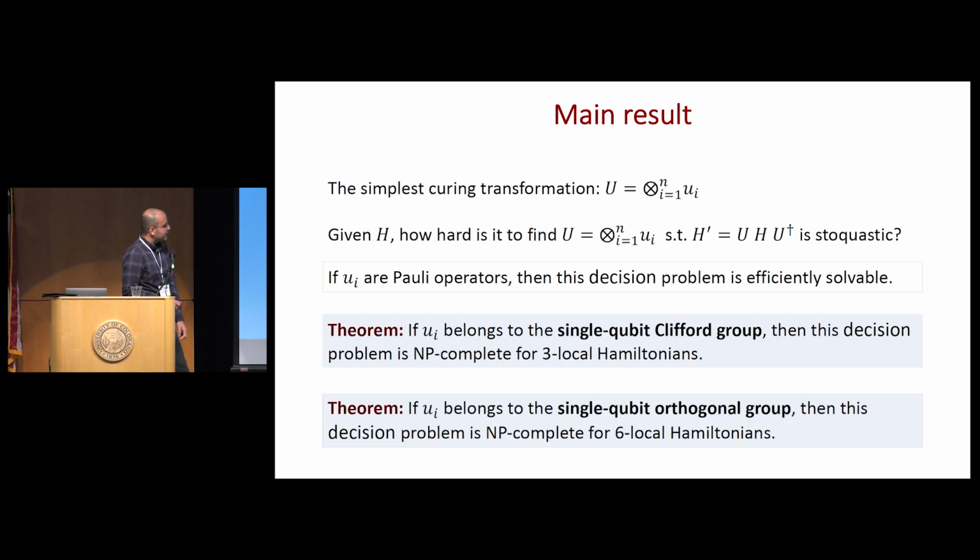But then we also show that if U_i belongs to single qubit orthogonal group, then again, this problem is NP-complete for 6-local Hamiltonians. So basically, let me emphasize that here we are saying that for the simplest choice of rotations, just tensor of local operators in these forms, even for this simple case, this problem of converting a Hamiltonian into a stochastic form is NP-complete.